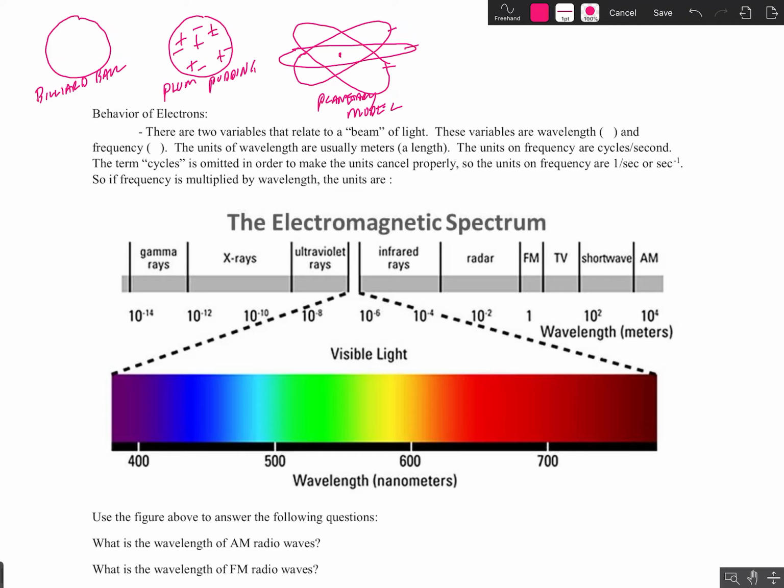Now today I want to talk about something called the Bohr model. We won't be able to get all the way through the Bohr model in one video, because in order to understand the Bohr model, we need to understand the nature of light. In fact, not just visible light, but all of what we call electromagnetic radiation.